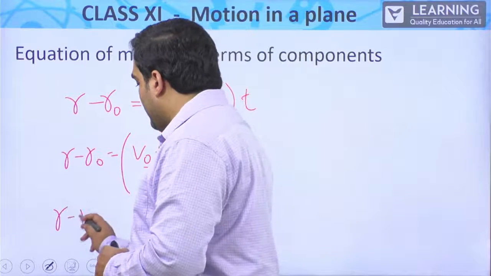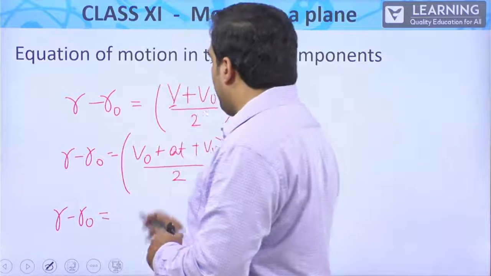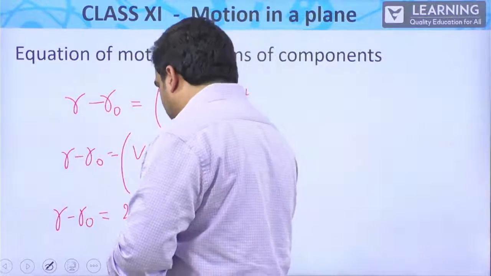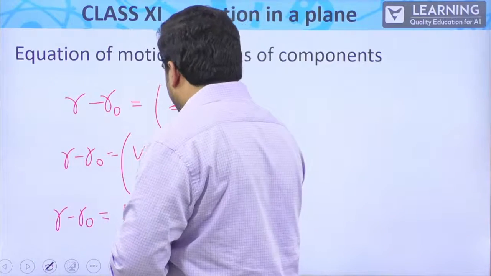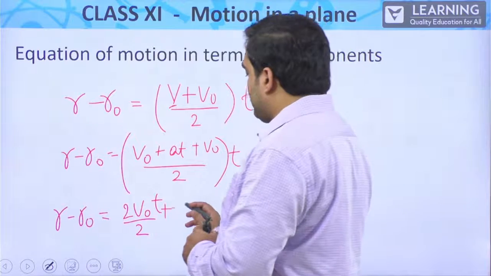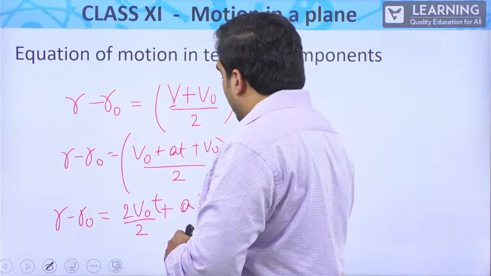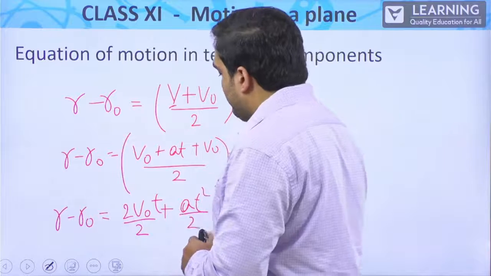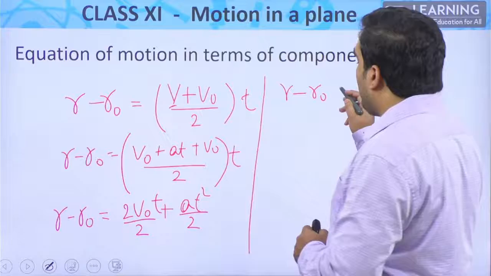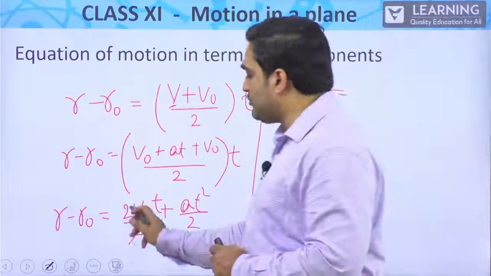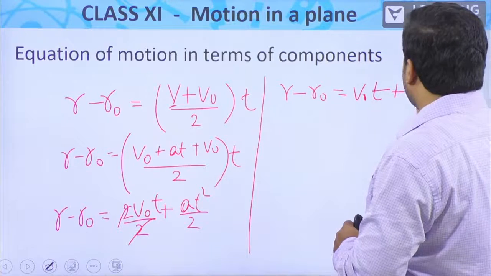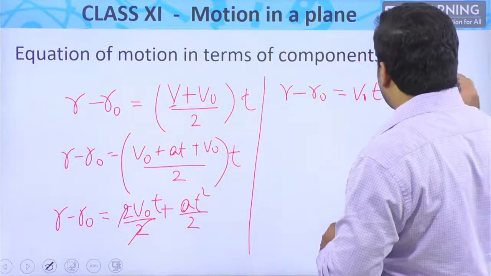So you get r minus r naught, which is equal to 2 v naught by 2, plus, multiplying t simultaneously, a t square by 2. And you get r minus r naught, which is equal to v naught t plus half at square.